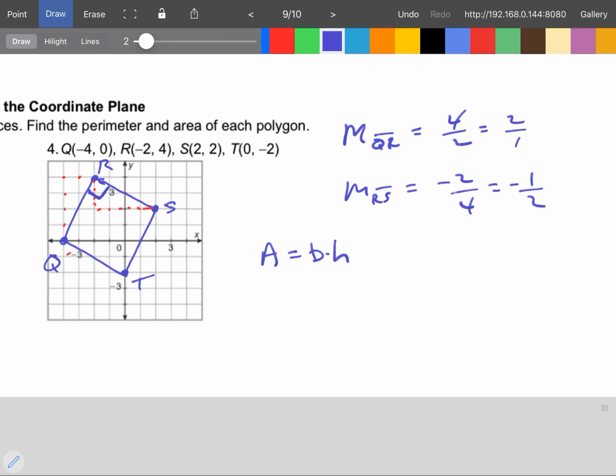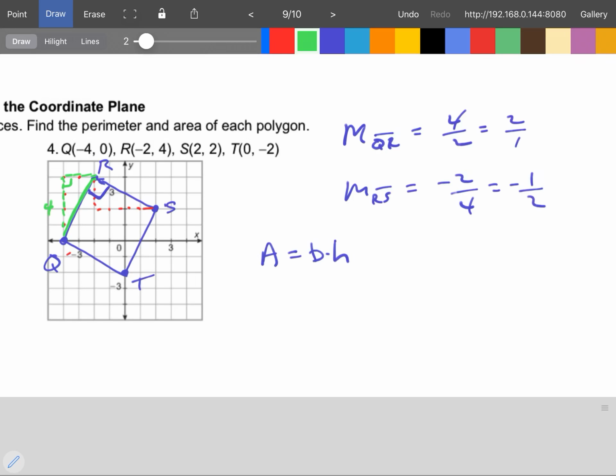So let's find this side length right here. So we're going to use this little triangle right here. So I'm trying to find the hypotenuse of this green right triangle. Well, we can count both of those. So if I count straight up, I got 1, 2, 3, 4. So I know this side is 4.